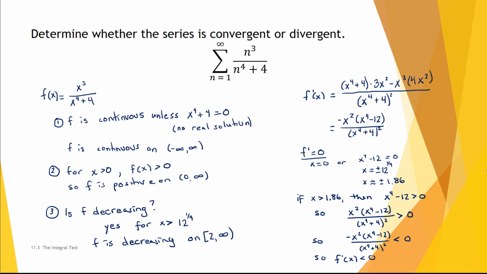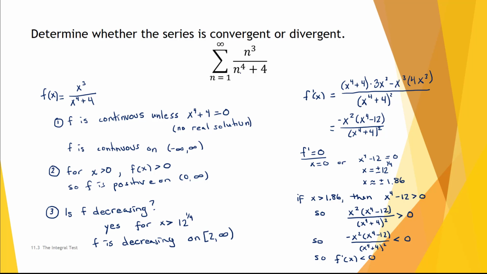Now, the integral test as it's stated in the textbook does call for f to be decreasing on the interval from 1 to infinity. However, this is unimportant because if we know the series converges with the sum starting at 2, then we can just add one more term and know that the series converges with the sum starting at 1.